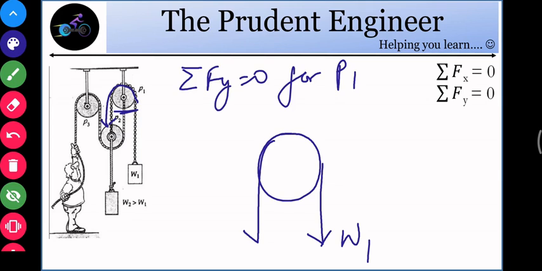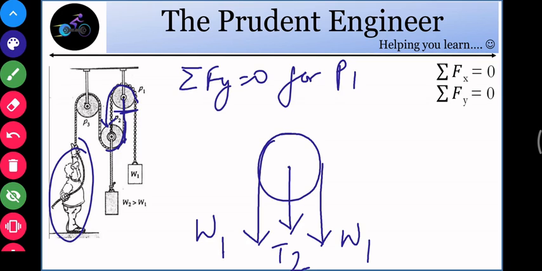The center rope carries the tension applied by this man. This tension can be T2, and this is the result we want. We want to find how much tension this man should apply so that the system remains in equilibrium.